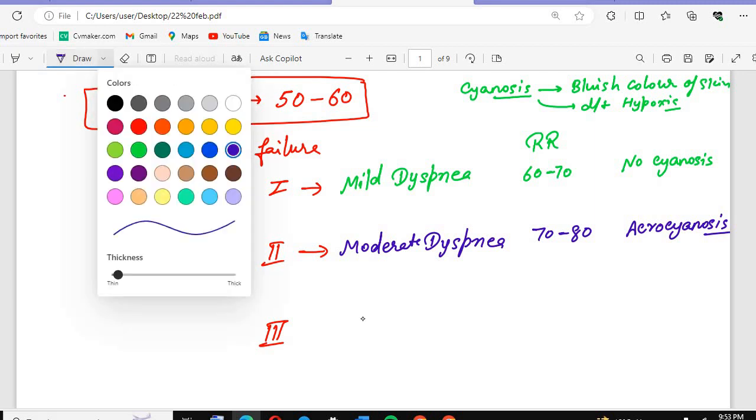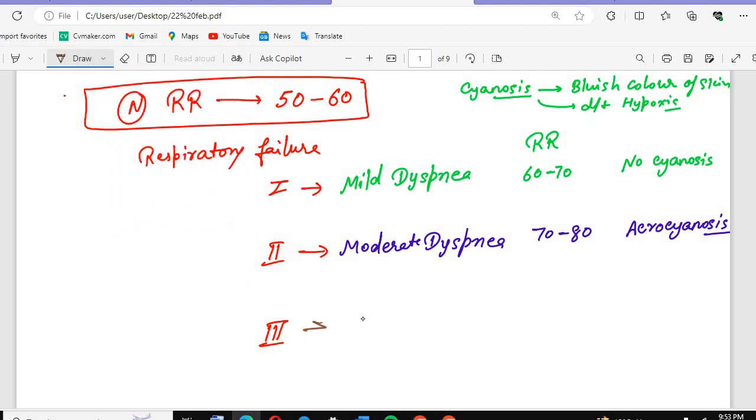Then the third point, you can remember it as severe dyspnea. If the patient has severe dyspnea, or any severe abnormal change in respirations, then in that condition we have a respiratory rate of 80 to 100.